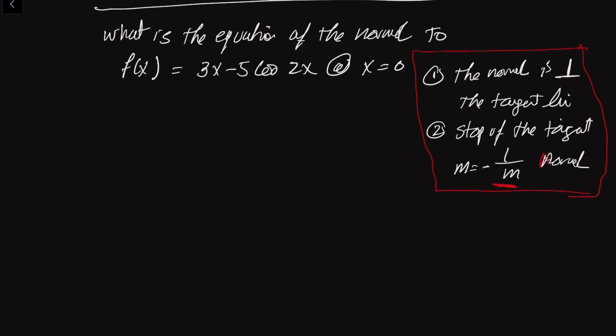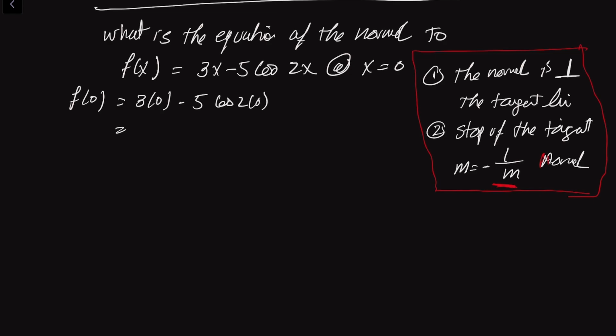All right? Okay, let's get to it. So my function is f of x equals 3x minus 5 cosine 2x. So f of 0 is 3 times 0 minus 5 cosine of 2 times 0.